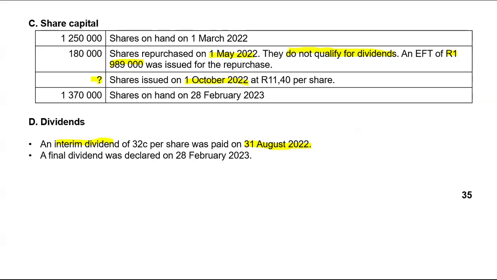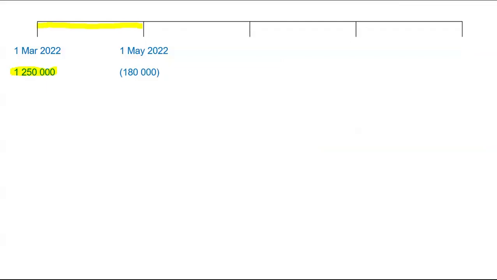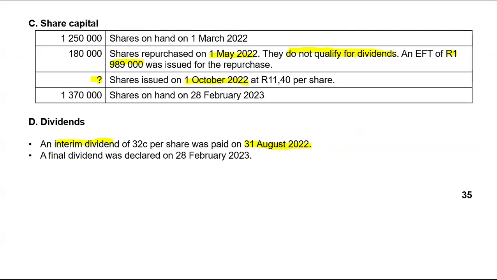So how do we calculate these interim dividends? We're going to do it in the form of a table. I know that from the 1st of May, I will have 1,250,000 shares minus 180,000 shares. So I will have 1,070,000 shares left. And this is what I have at the end of the year: 1,370,000 shares in issue. If you're wondering where I got that from, I got it from here.